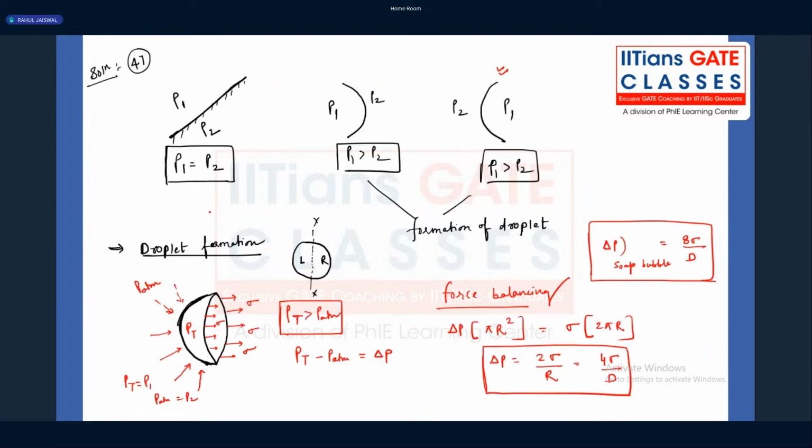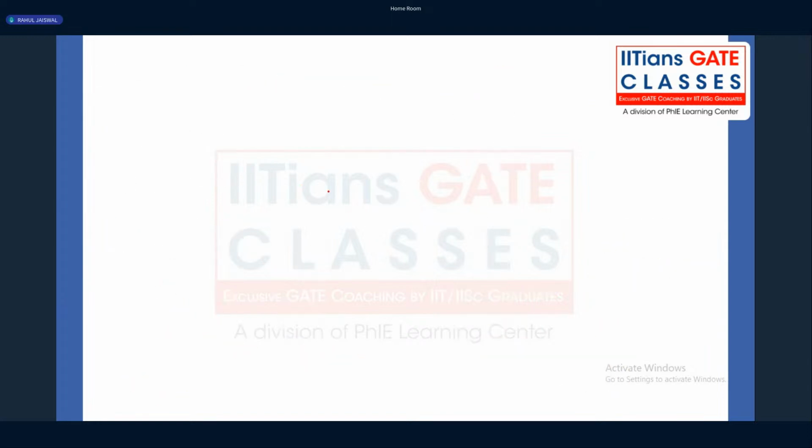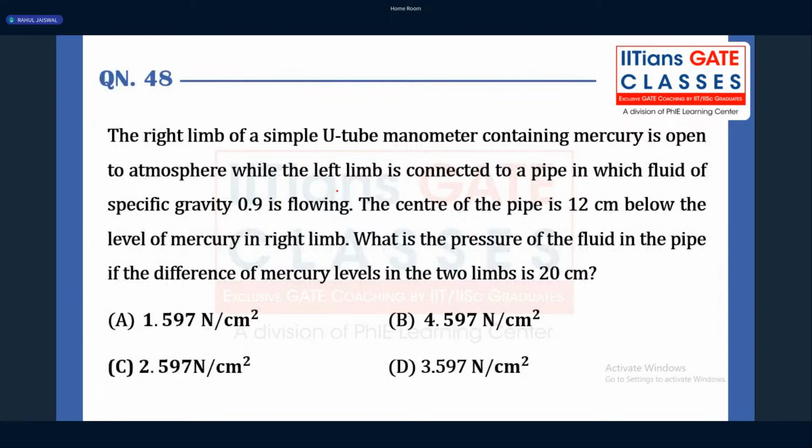Now here we will have the next question, for example, question 48, that is nothing but question number 4 for this particular session. Now what they have mentioned guys, just look at the diagram. Because the diagram is not given, we need to make the diagram.